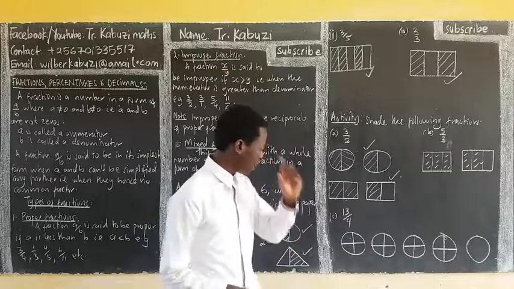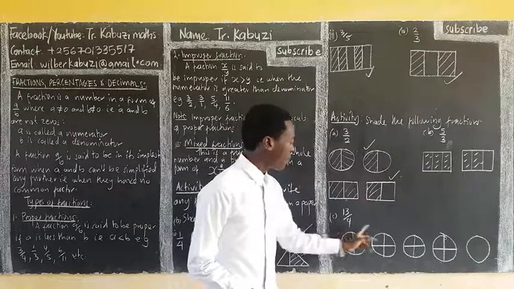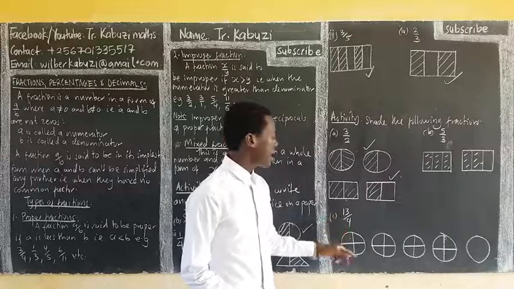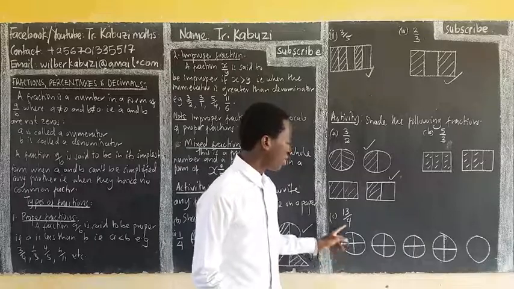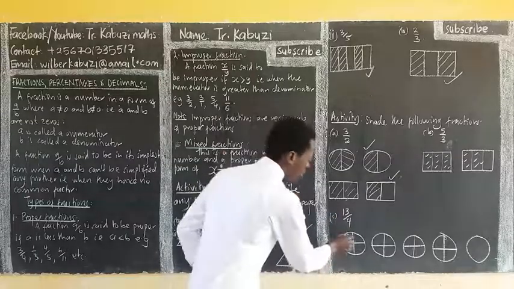That's what I want you to see. Why am I drawing many? Because I'm seeing I have to shade 13. So what am I going to do? I'm going now to shade 13. So you count. You shade this.